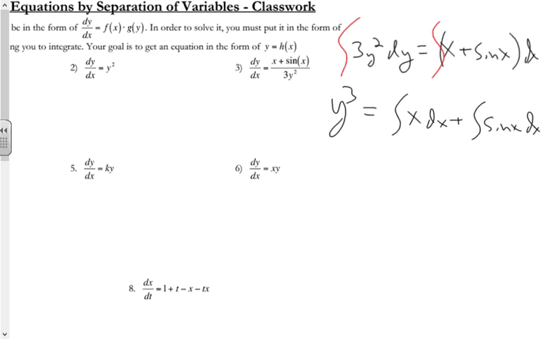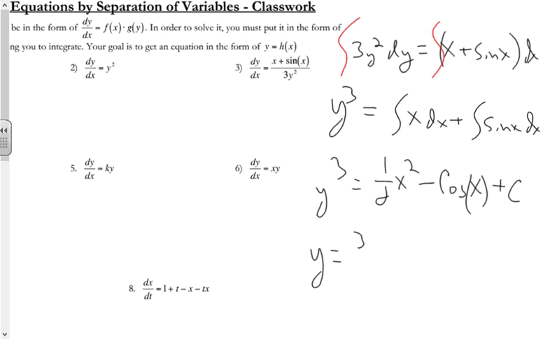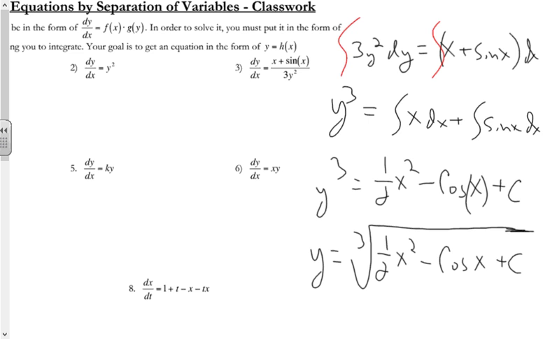Well, that's pretty easy to integrate: 1/2 x squared plus some constant, minus the cosine of x plus some constant, equals y to the third. Then I'm just going to take the cube root of both sides of this equation. So y equals the cube root of 1/2 x squared minus the cosine x plus c, and the c is underneath the radical too here. So that's number 3.